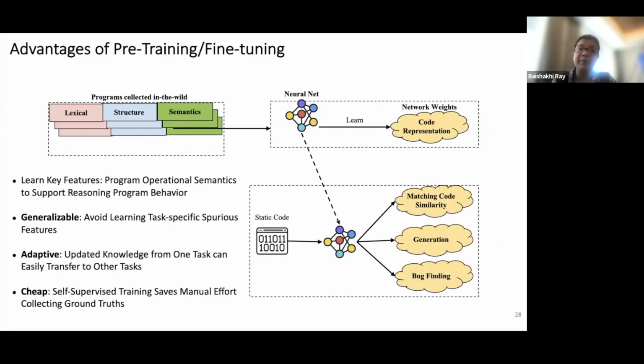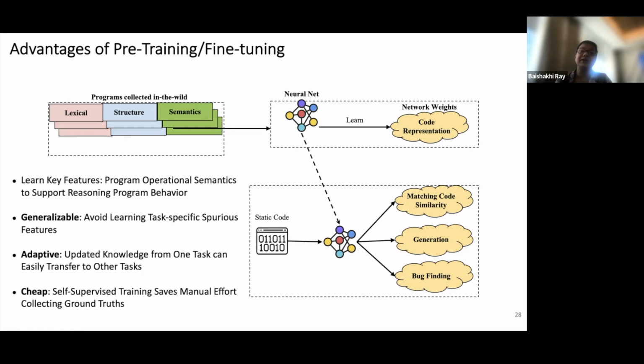The reason for this kind of setting is that the pre-trained model learns the key features like program operation semantics to reason about program behavior. It generalizes without any particular task, and then it can be adapted across different tasks. Also, there is a cost aspect.